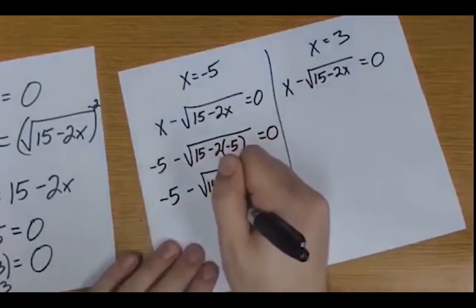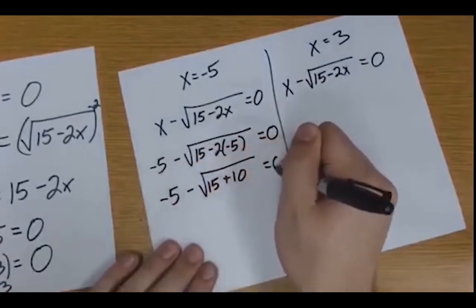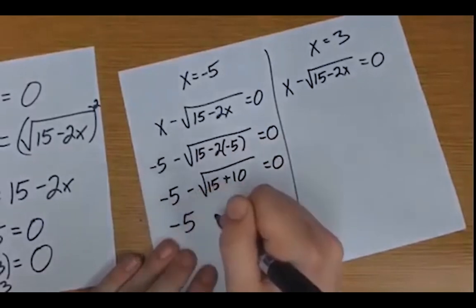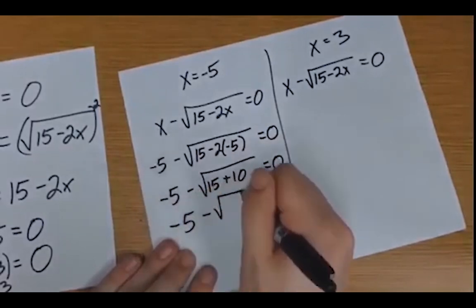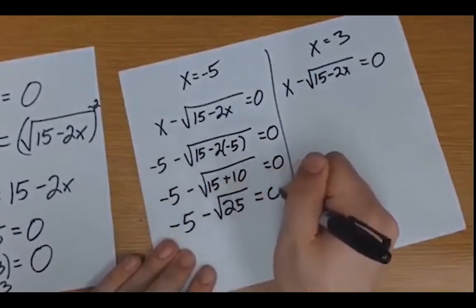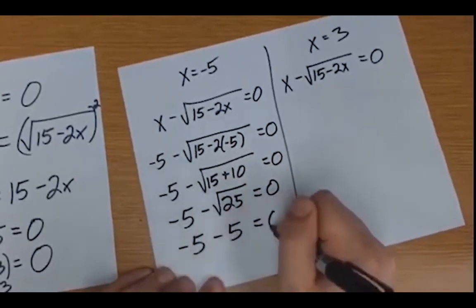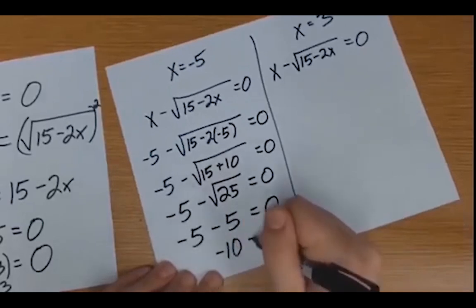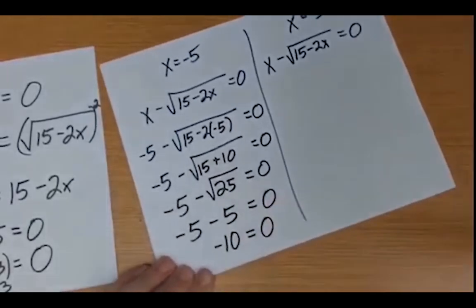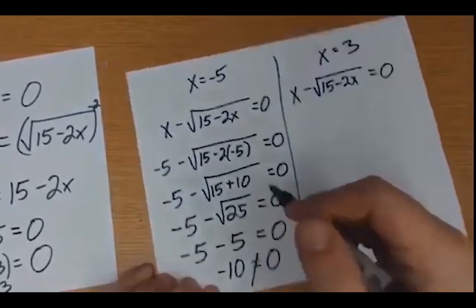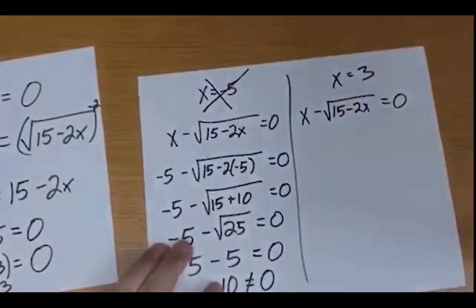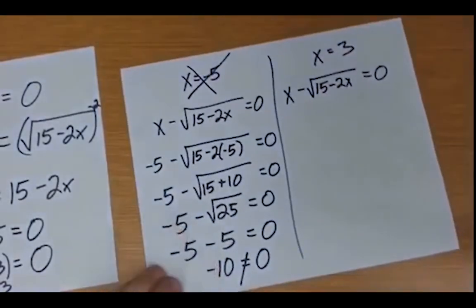Negative 5 minus radical 15 plus 10 equals 0. Negative 5 minus radical 25 equals 0. Negative 5 minus 5 equals 0. Negative 10 equals 0. Well, wait a minute, that's not true. x equals negative 5 is not a solution.